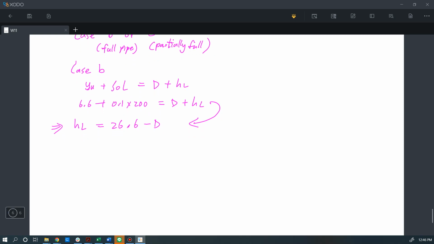Okay, and the other equation that we know for calculating the head loss is this: the quantity KE plus the Manning coefficient squared times L divided by 2.22 D to the 4/3, times the velocity head, plus 1.